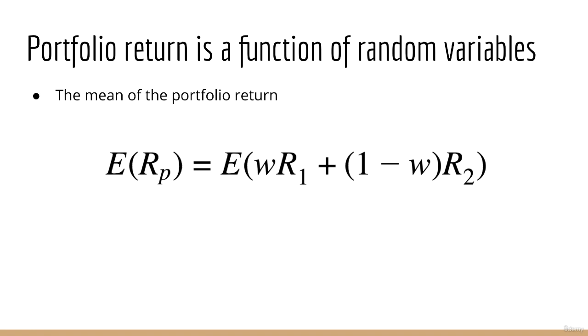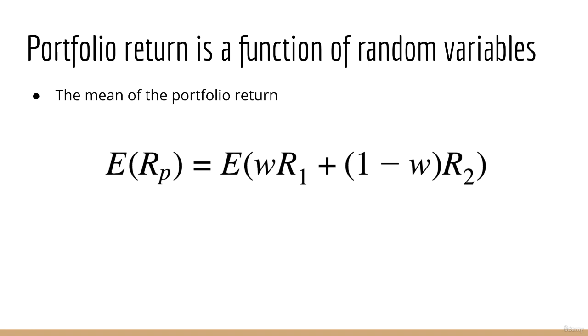Let's recognize that R sub P is a function of random variables, since R1 and R2 are random variables. This means that R sub P is also a random variable. As discussed previously, we know that this therefore has a distribution, which we can talk about in terms of its mean and its variance. What is the mean of R sub P?